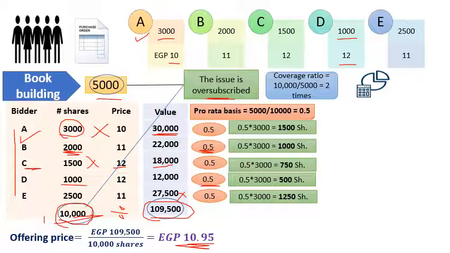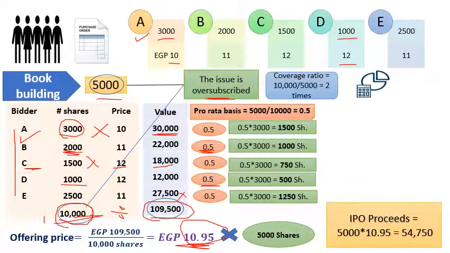So the summation of all shares allocated must equal the total number of shares offered by the company. So if the company sells 5,000 shares at 10.95, the company can raise 54,750 Egyptian pounds.